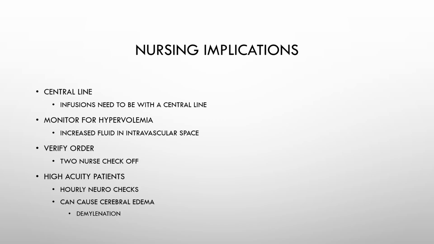Why are we giving this? Are we giving this at the correct rate? What are our vitals before? What's our neurostatus before? Again, high acuity patients, if they are on a drip, if they are constantly getting these medications, hourly neuro checks, because we can worsen our cerebral edema actually, if we're giving this incorrectly, if we correct that sodium too quickly.